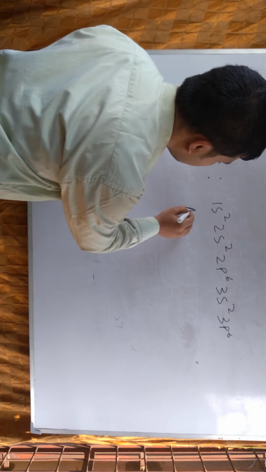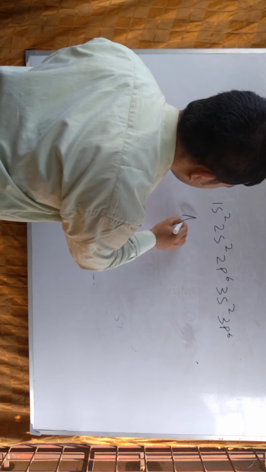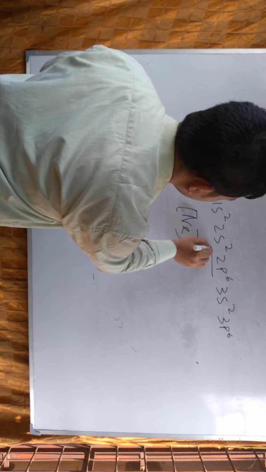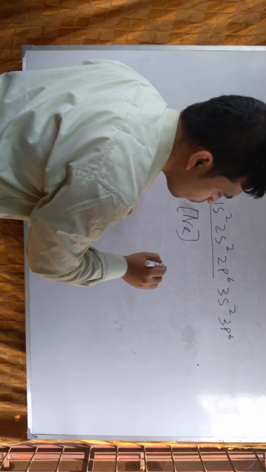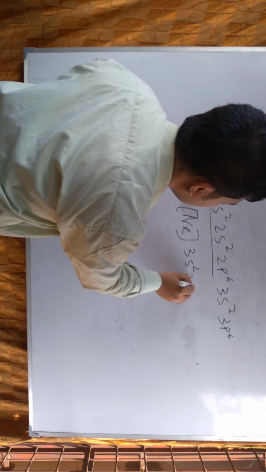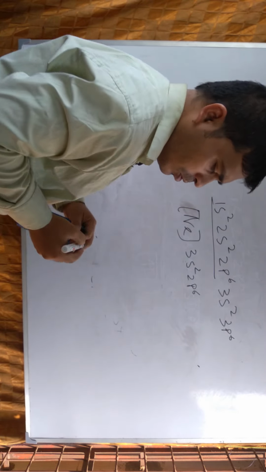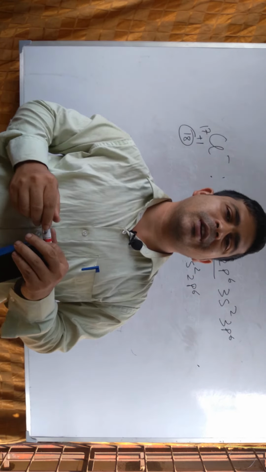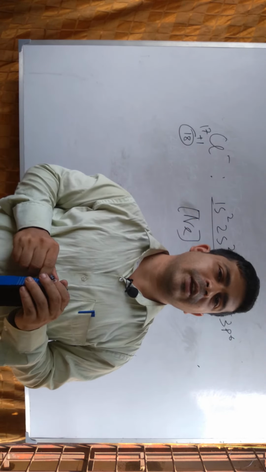We can also write it in short form using neon, because we know that this is the electronic configuration of neon, and then 3s2, 3p6. So in this way we can write the electronic configuration of cations and anions.